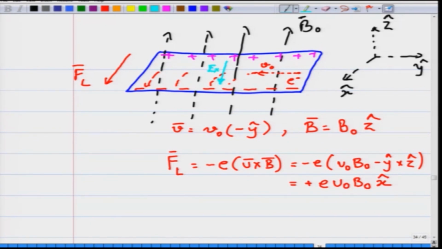You have an electric field which is generated, and because of this, if you measure a voltage across this, you will get a transverse voltage. The voltage is not along the direction of the current.